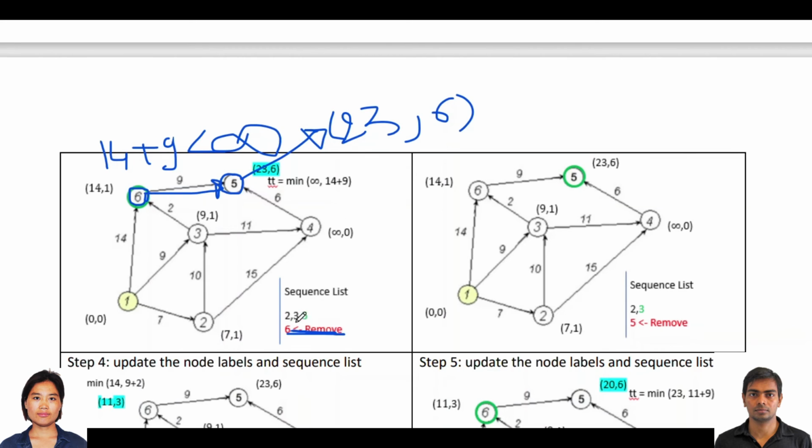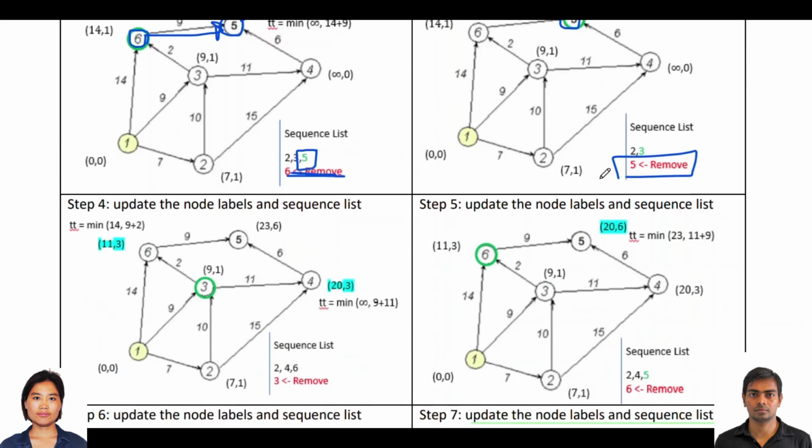Now we'll take out the 6 and then add 5 to the sequence list. Now we have 5 here. In the next step we will choose 5, and there are no downstream nodes from 5, so we will take out the 5 in this step. There is no update needed in this step because we cannot go anywhere from 5.